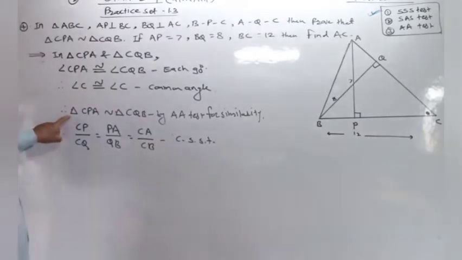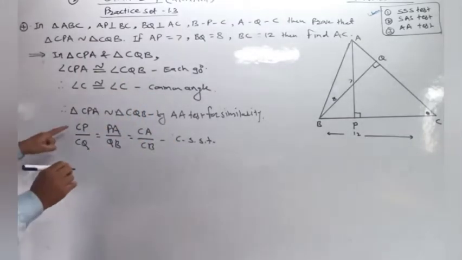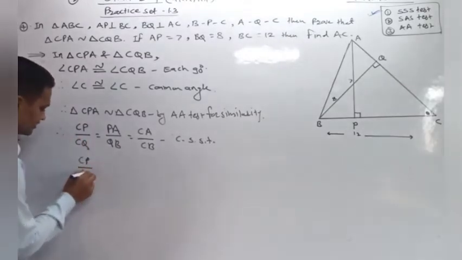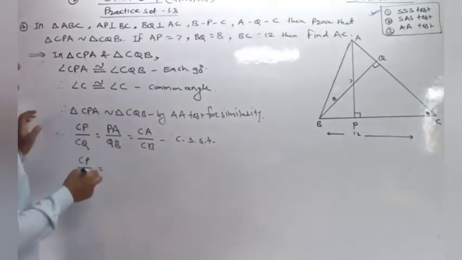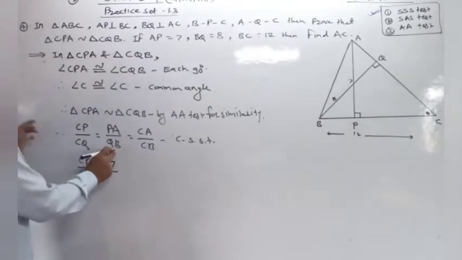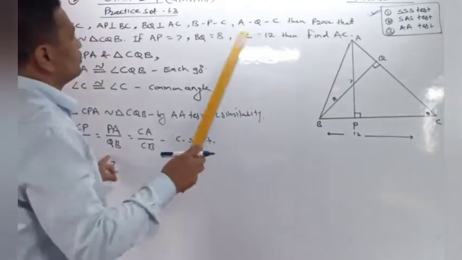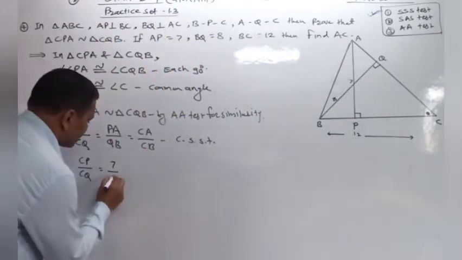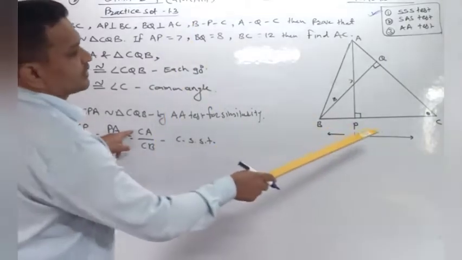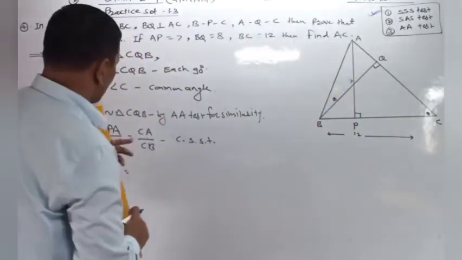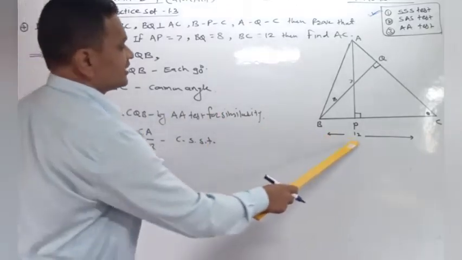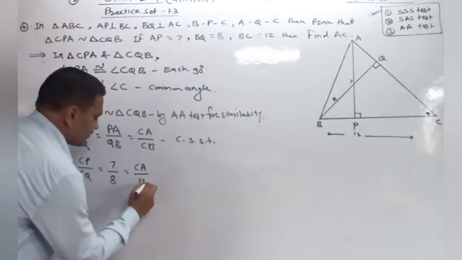CP and CQ are not given, so they stay as they are. PA is 7, right? BQ is 8, right? Equal to CA. We want to find out CA, right? CB is 12, right?